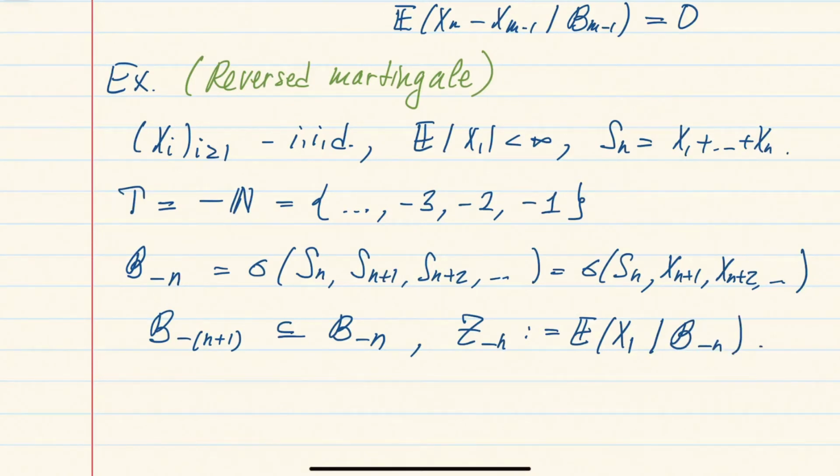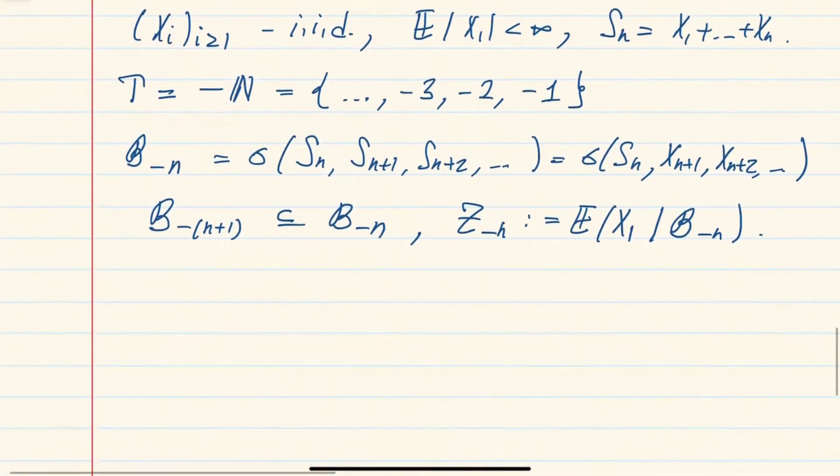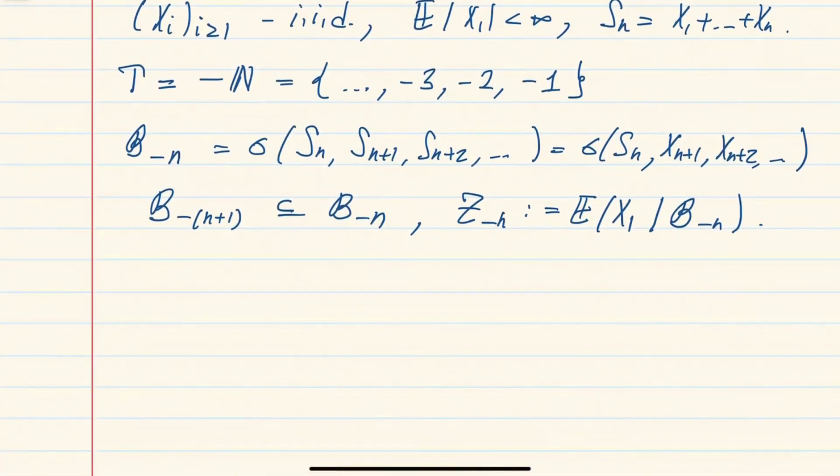So again, it is a right closed martingale in this case, right? In particular, what is Z_{-1} here? It's the conditional expectation of X1 given the very first sigma algebra, which is generated by X1. So Z_{-1} is just X1.